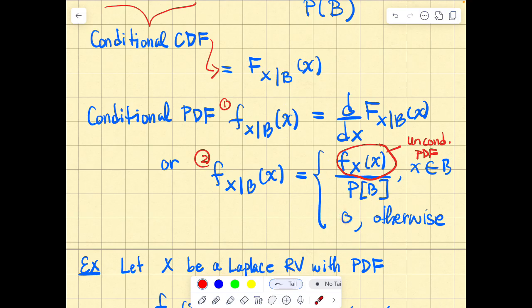Anything outside B will not occur, so the density will be equal to zero.